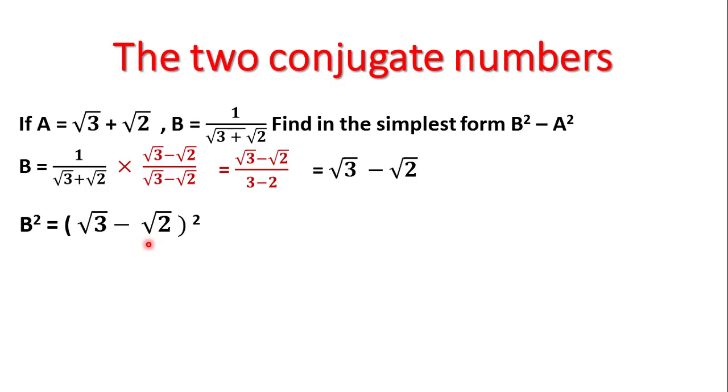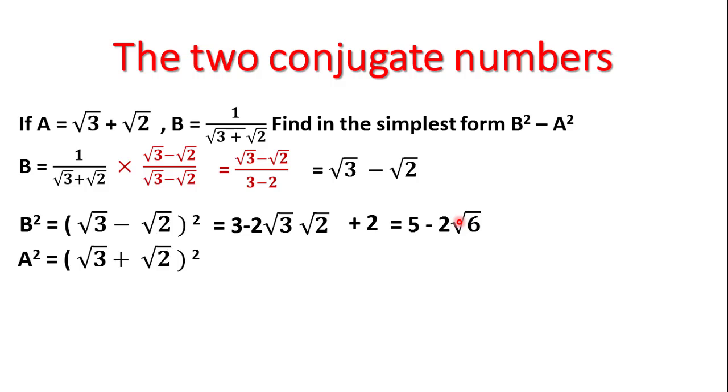So b power 2 will be 3 minus 2 times root 3 times root 2 plus 2. I can simplify. 3 plus 2 is 5 and 2 root 6. So b power 2 is 5 minus 2 root 6.